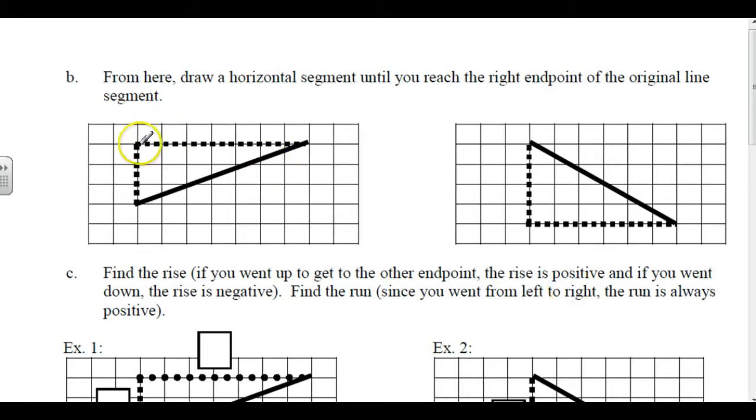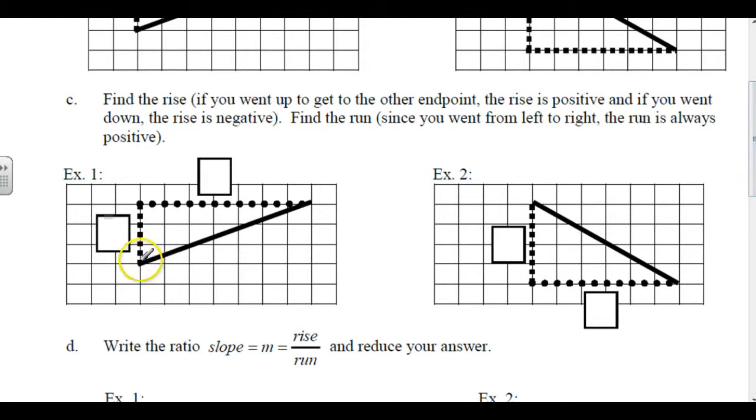From here, draw a horizontal segment until you reach the right endpoint of the original line. Find the rise. If you went up, the rise is positive, and if you went down, the rise is negative. The run, since you're going from left to right, is always positive.